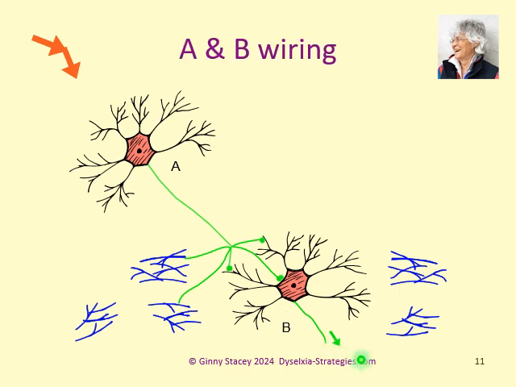So these two neurons wire together. When they connect like this, the assembly A sends a signal down to B and B then fires. And gradually, the structure of the synapses, the places where A is connecting onto B, changes so that the signal passes much more effectively from A to B.